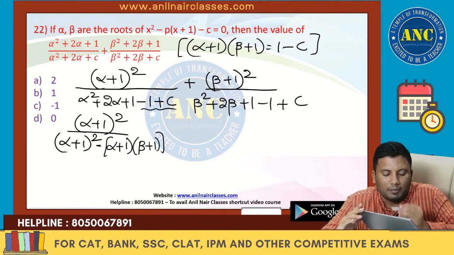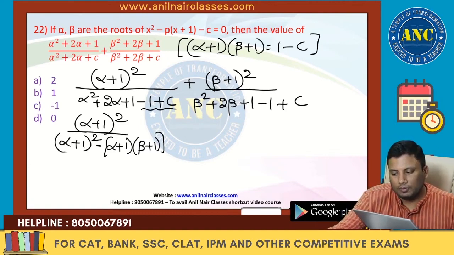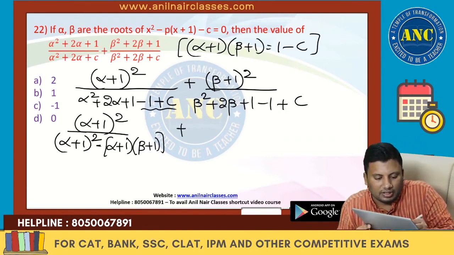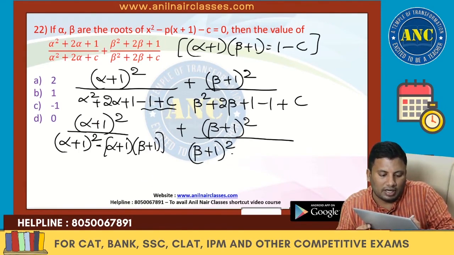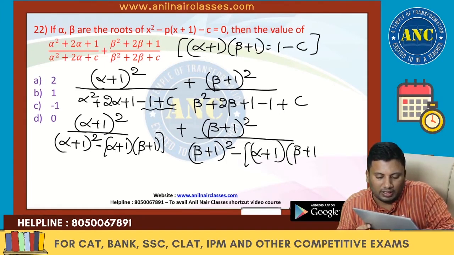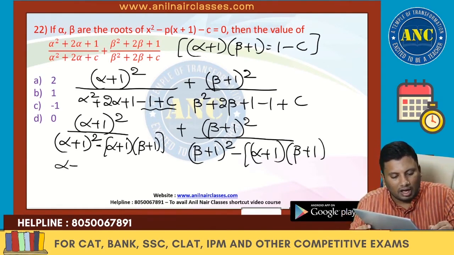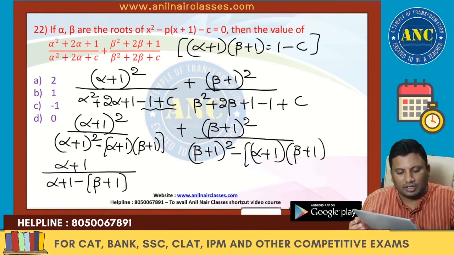Are you all with me? Minus 1 plus c is minus of c plus 1. Here plus, it is beta plus 1 whole square divided by beta plus 1 whole square minus of alpha plus 1 into beta plus 1. So alpha plus 1, if I take common, alpha plus 1 divided by alpha plus 1 minus of beta plus 1. Are you all with me?